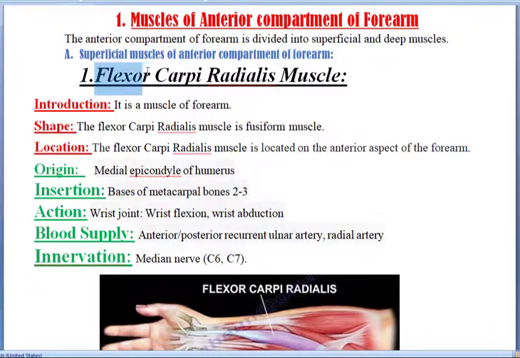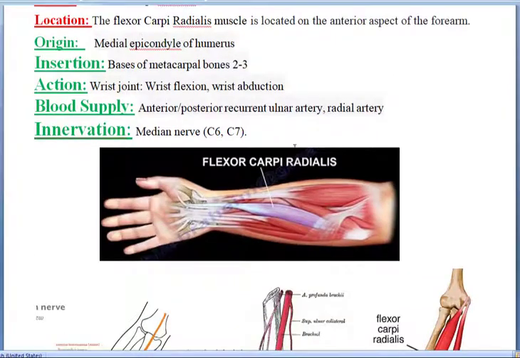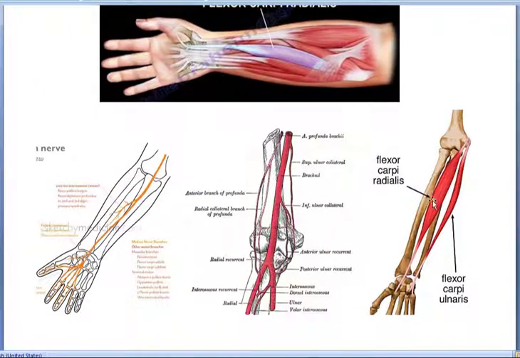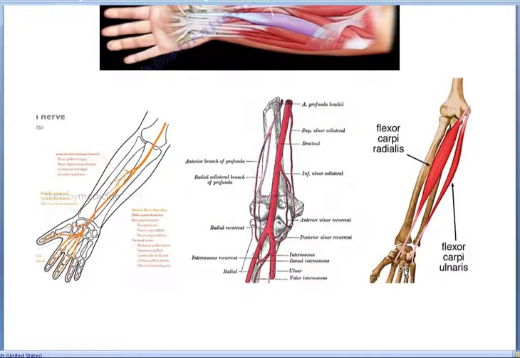The first muscle is flexor carpi radialis. Flexor means it causes flexion, carpi means carpal bones, and radialis means towards the radius bone. Now you can see the flexor carpi radialis muscle. When it contracts, it causes flexion of the carpal bones.